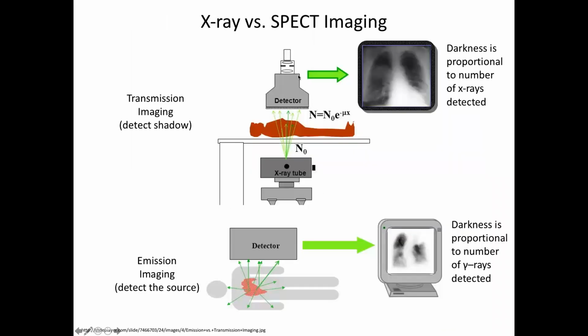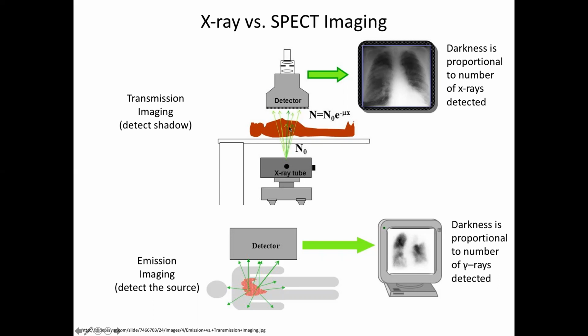So here's traditional X-ray imaging that's been around since, I guess probably 1899 or something like that, where you have a source of X-rays here, and this is like an X-ray light bulb, and you shine that light bulb through the patient, and you have a detector that detects X-rays.